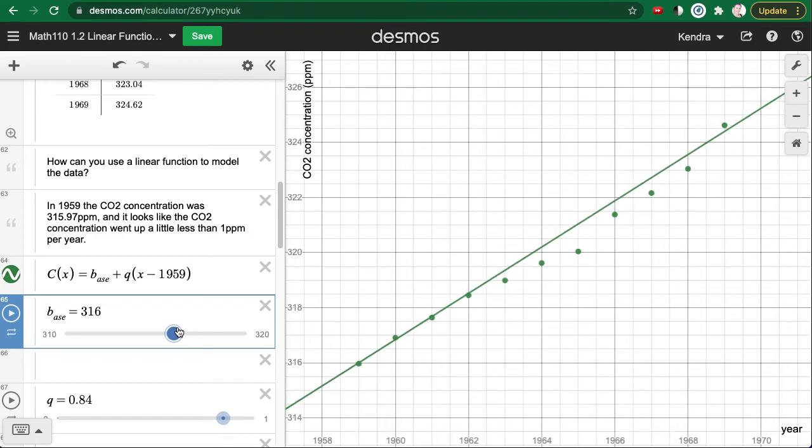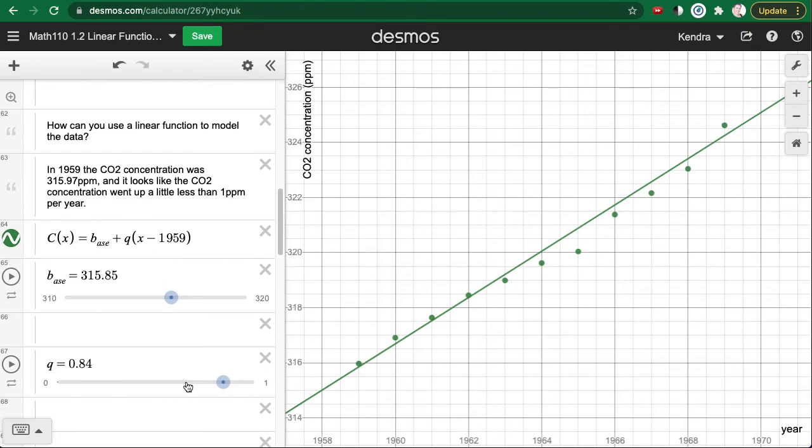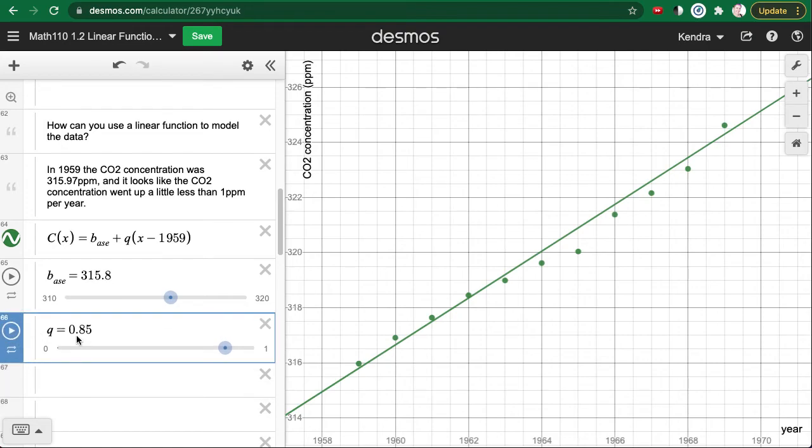There we go. I don't know. That looks like maybe a good guess. And so this might be a good linear model.